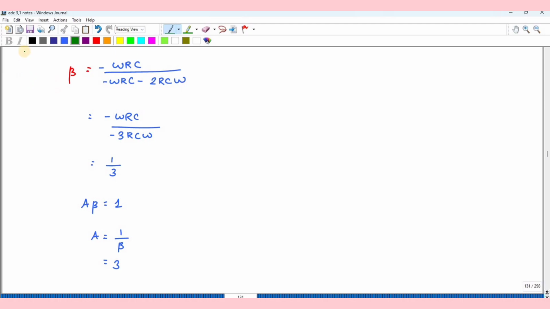In order to find the gain, we equate the real term.